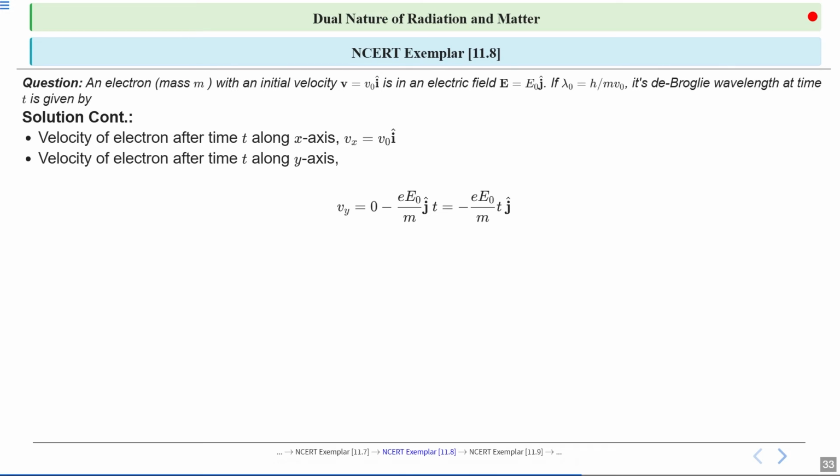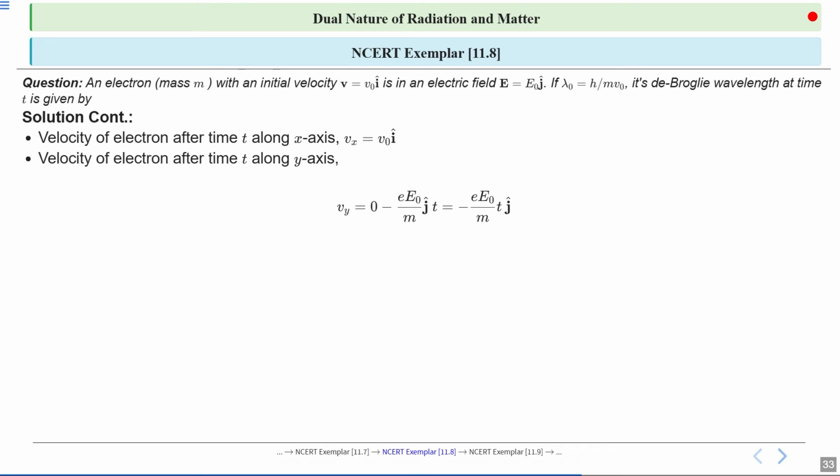So velocity along the y-axis after time t is given by Vy, where v equal to u plus at. The initial velocity u along the y-axis is 0, so 0 plus at, where a is minus e E naught upon m j cap.